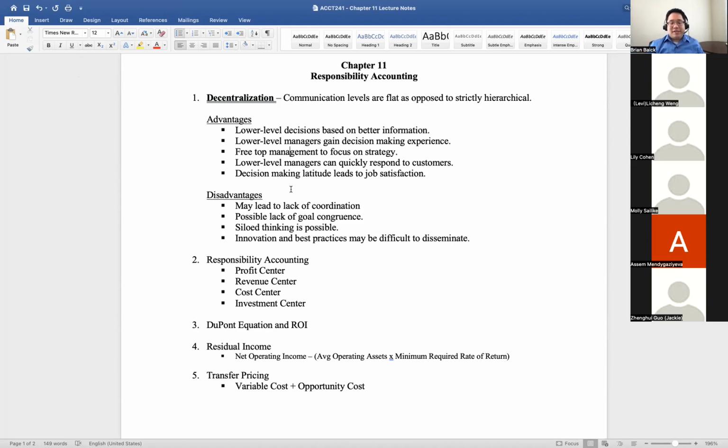The military is very centralized. You have somebody at the top and they give orders to somebody at the bottom, right? With communication and orders and commands, if something is centralized, the communication flows downwards. With decentralization, it's flat. That means that people can communicate with one another, right?